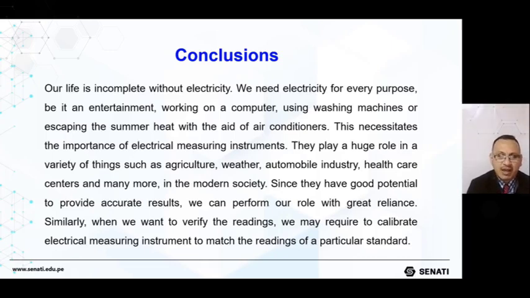Weather, industry, healthcare centers, and many, many more in a modern society. Since they have a good potential to provide accurate results, we can perform our role with great reliance. Similarly, when we want to verify the readings, we may need to calibrate the electrical measuring instrument to match the readings of a particular standard.